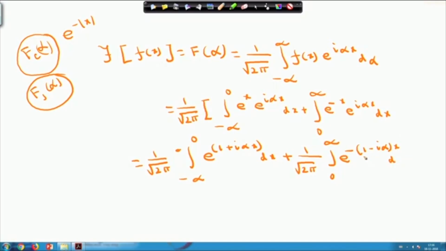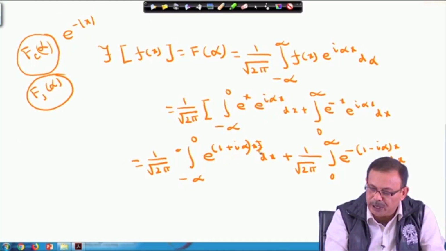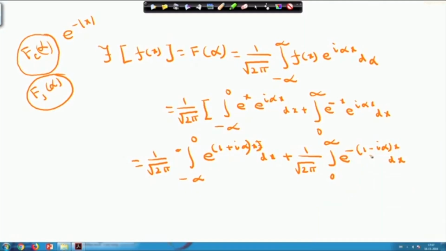Here also the bracket will come over here, not here, please note, because it is x plus I alpha x. So, it will be e power 1 plus I alpha into x, and here e power minus 1 minus I alpha into x.